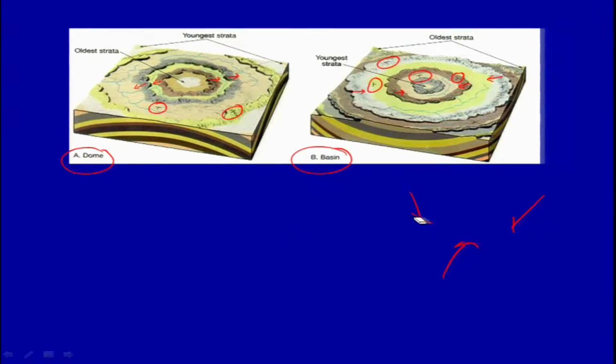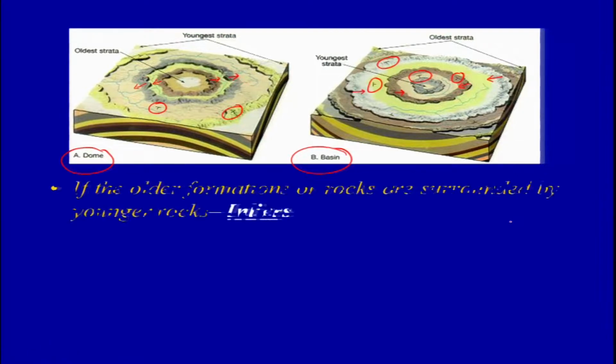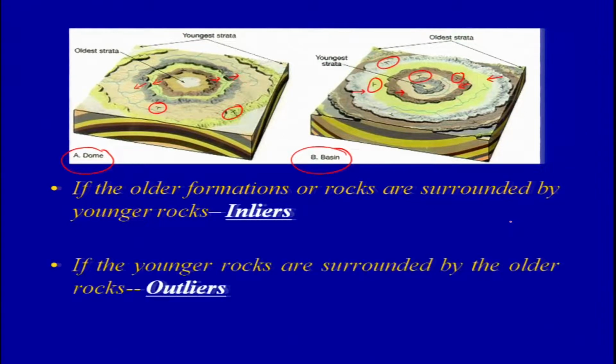Now another term which has been used in geology along with this is inlier and outlier. So inlier, what you see is if the older formation or rocks are surrounded by younger rocks.